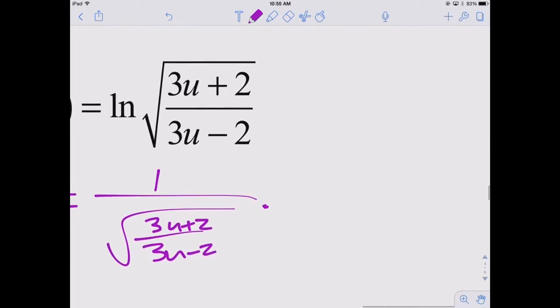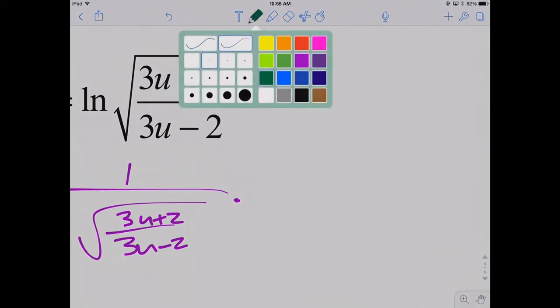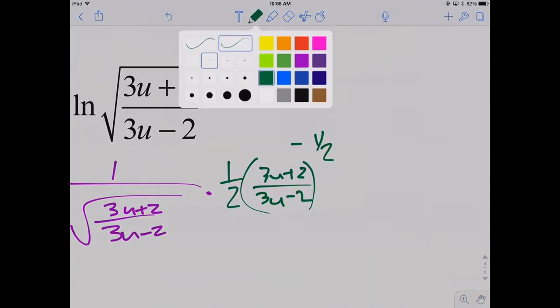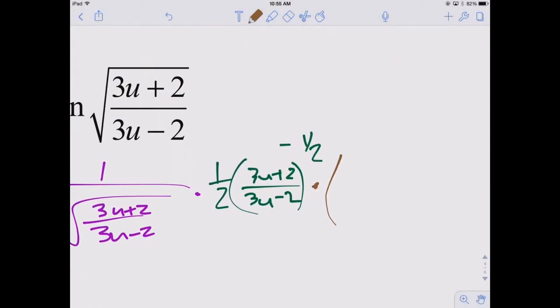Times the derivative of the blob, which is going to be some ugly chain rule, right? 1/2 blob to the negative 1/2. Oh, yuck. Notice that I'm complaining, but I'm doing it while I'm complaining. That's the difference between just complaining. Times, yuck, gross, the ho-de-hi rule. Ho, de-hi.